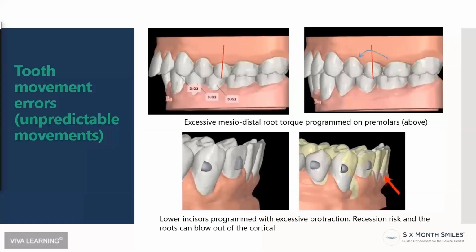Lower incisors, instead of doing excessive protraction, which will increase the risk of recession, since obviously the roots can be thrown through the bone buccally, it's important to consider the need for perhaps intrusion and retroclination instead.